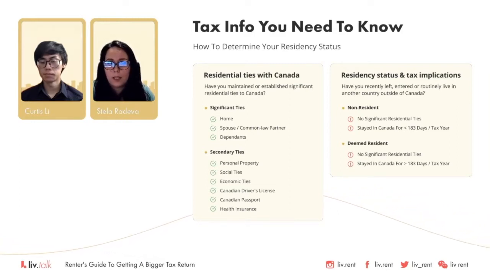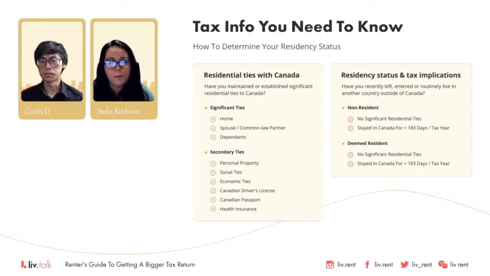And the secondary ties consist of owning personal property, having social ties like joining a gym or clubs or unions. Also, if you have economic ties to Canada or a Canadian driver's license, passport, or health insurance within a province or territory in Canada, you might be considered a resident for tax purposes.